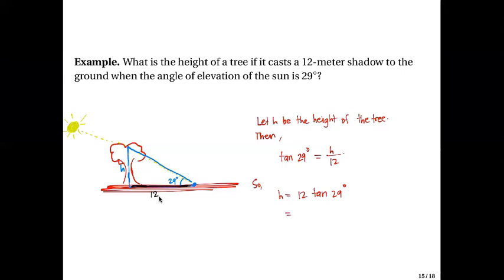And if we solve for this, let's see. So 12 times tangent of 29 degrees. This is about 6.6517. Let's use two decimal places.